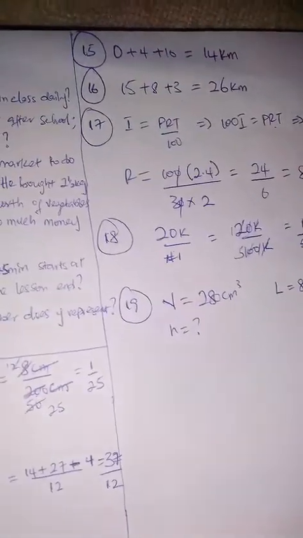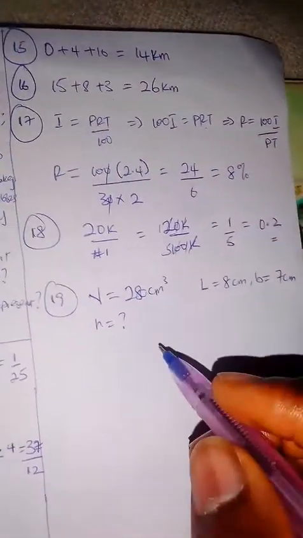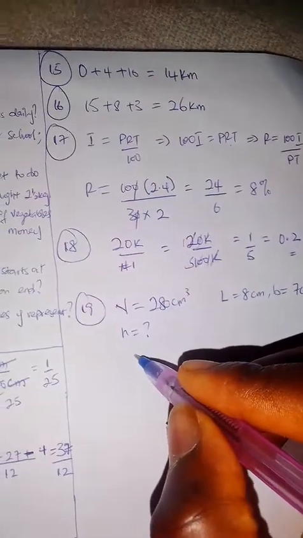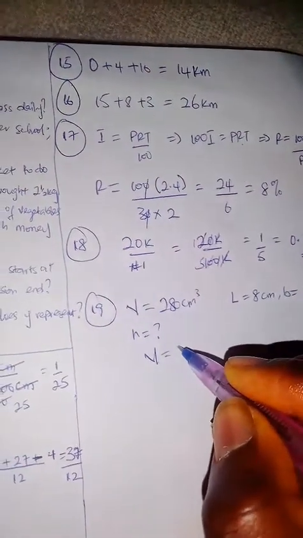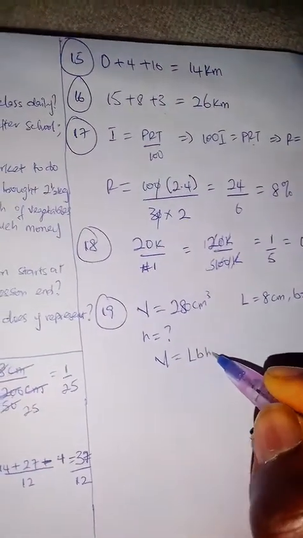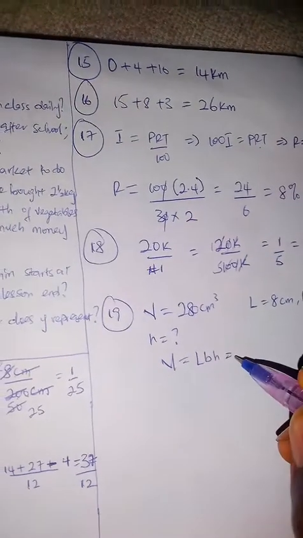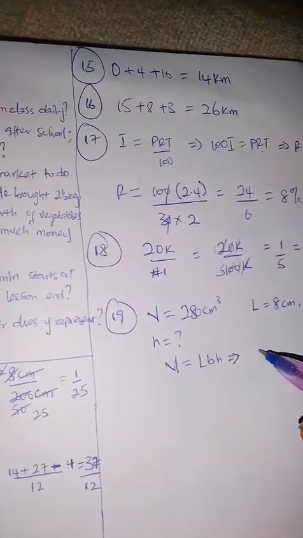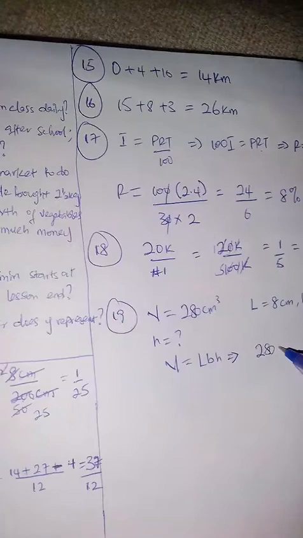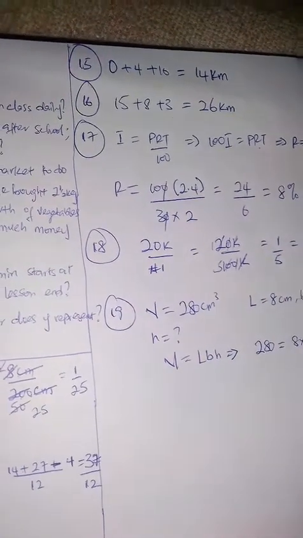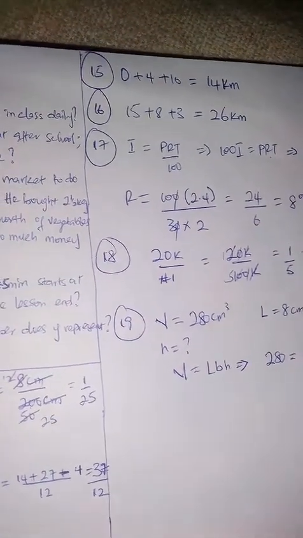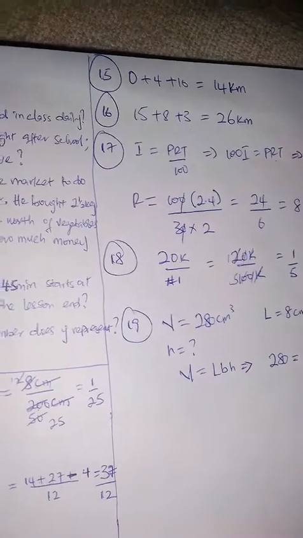I'm talking about the volume of a cuboid in this case. My volume is length times breadth times height. So this implies that V is already 280 equals 8 times 7 times H. It means divide both sides by 8 times 7.